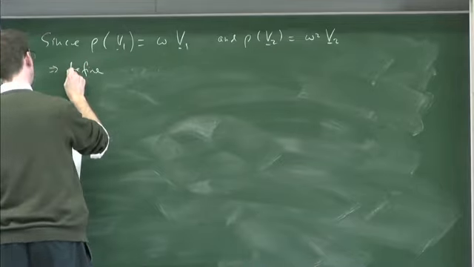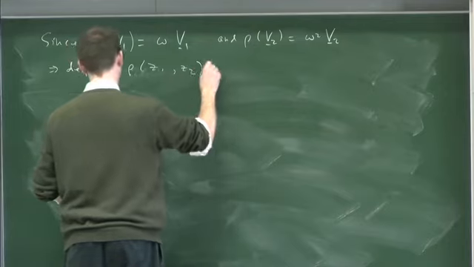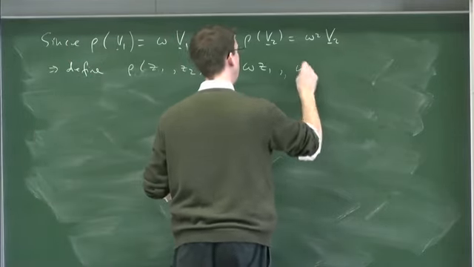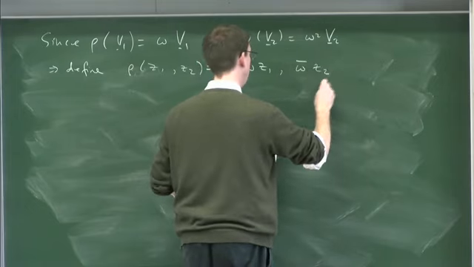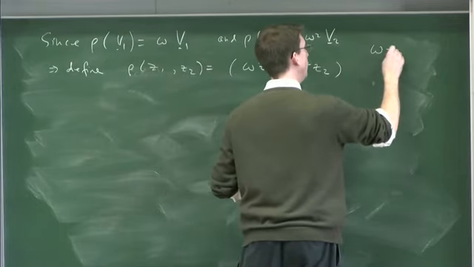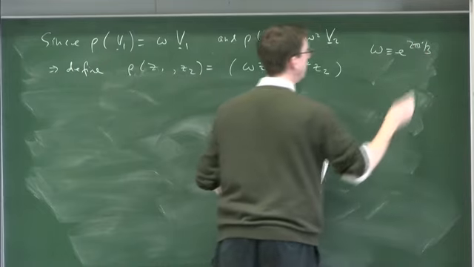So the natural thing is to define rho acting on z1, z2 as omega z1, and recall that omega is just e to the 2 pi i by 3, a shorthand for that.